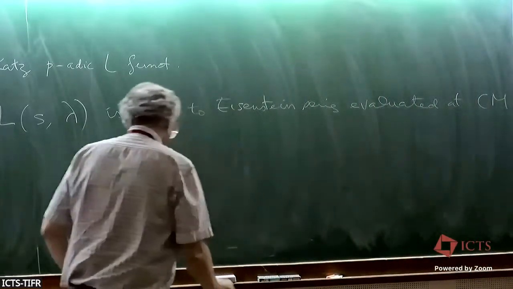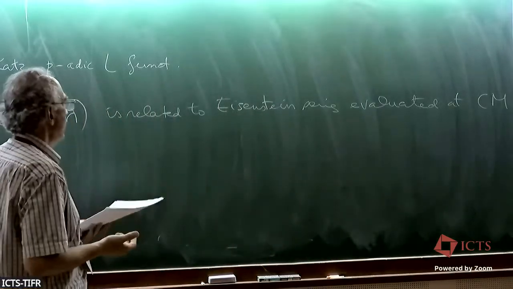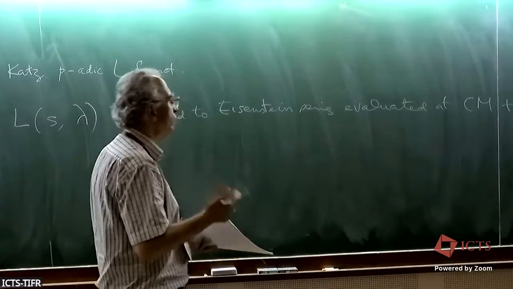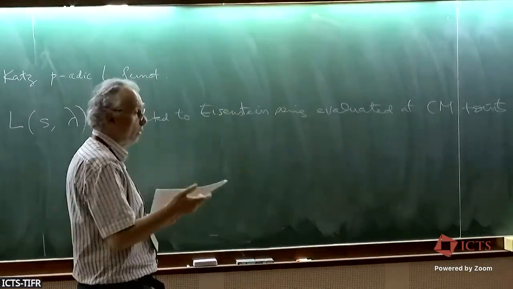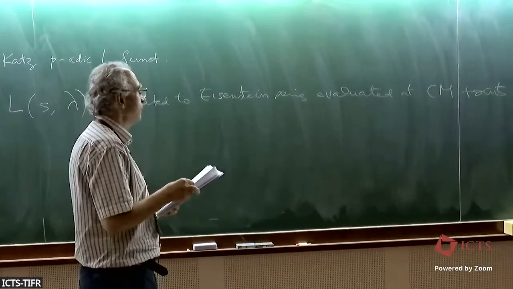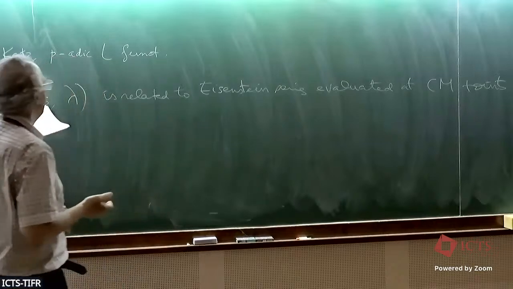And so then Eisenstein series give rise to p-adic measures. That's also Katz, but it's kind of easier to understand than this. This gives rise to a measure.